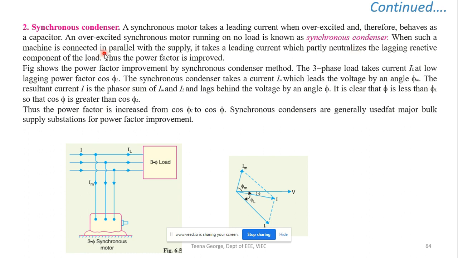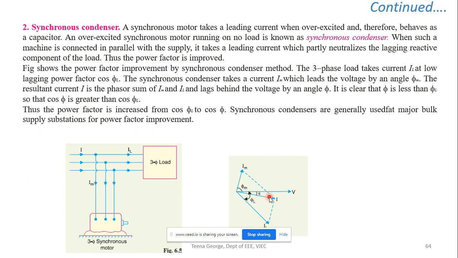When such a machine is connected in parallel with the supply, it takes leading current and neutralizes the lagging reactive component of the load. So, the power factor is improved. Here, the synchronous motor is connected across the three-phase load. Here, the voltage is shown. Current lags voltage by angle phi.